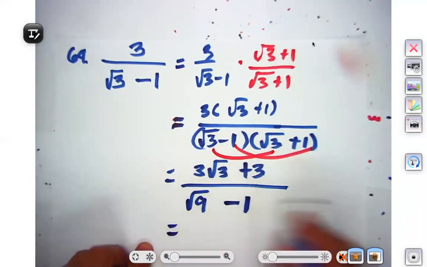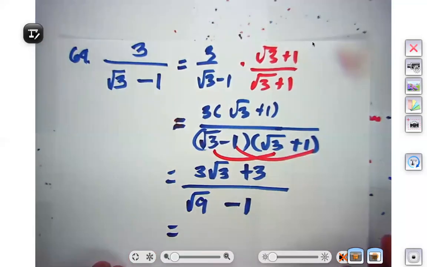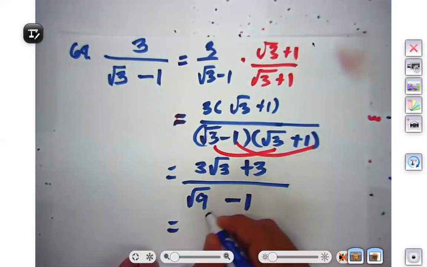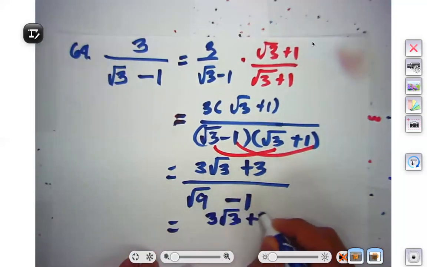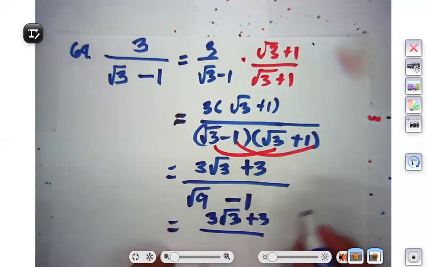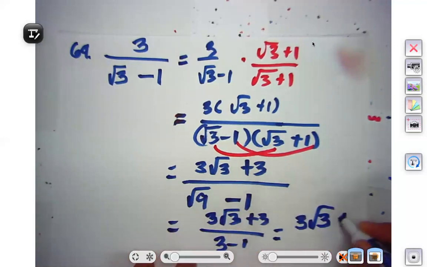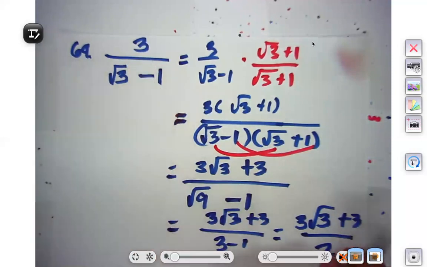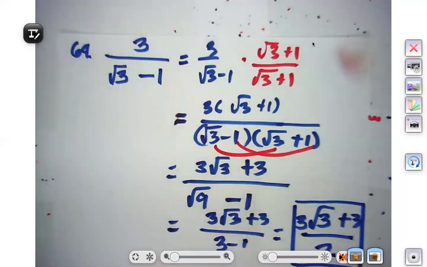There's nothing else left to do with the numerator, just copy that: 3 square root of 3 plus 3. Square root of 9 is 3, minus 1. So we have 3 square root of 3 plus 3 all over 2, and now your denominator is rational.